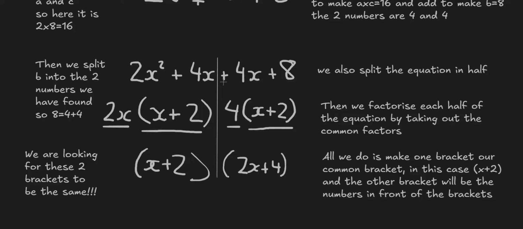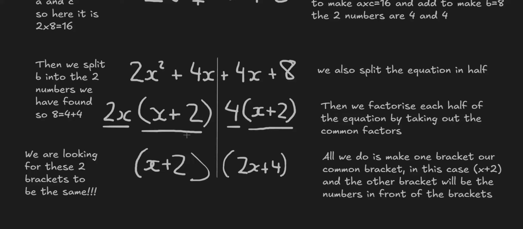For example, if I had a plus 5x and a plus 7x on either side, it may be that I have to switch it around. So I'll get plus 7x on the left-hand side instead, and plus 5x on the right-hand side. Then these brackets will match up. So if you haven't matched up the brackets, you need to swap these two numbers around and then factorize again, and you'll get the same bracket.